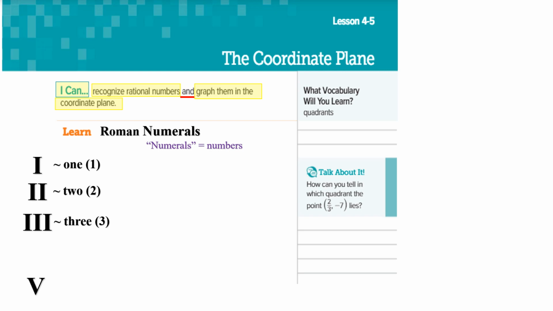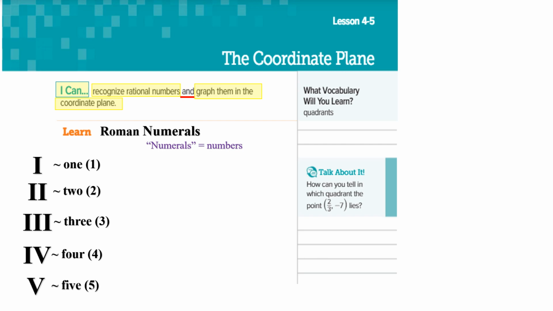So when I look at the number 5, it is a capital V. So indicating 4, they would indicate that they're going to subtract 1 from the V by writing IV. And IV, that's 5 minus 1, is going to give you 4. So anytime you see a capital I followed by a capital V, then you know that's 4 because the V is 5.